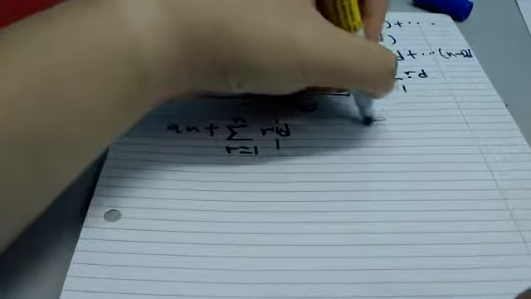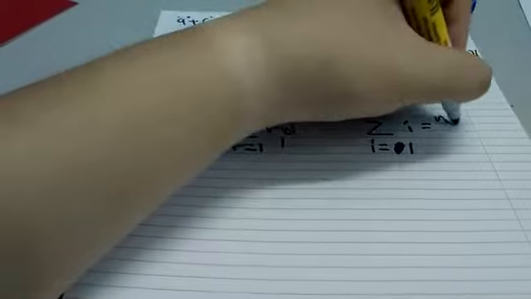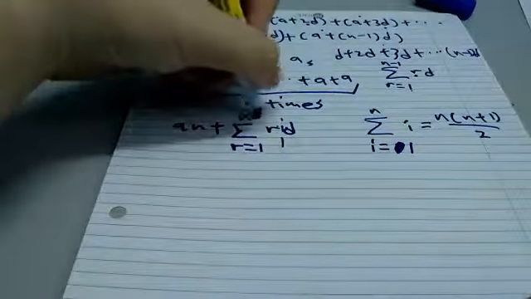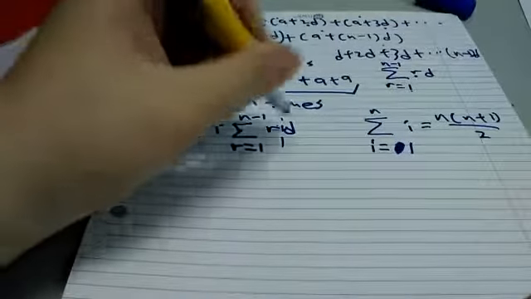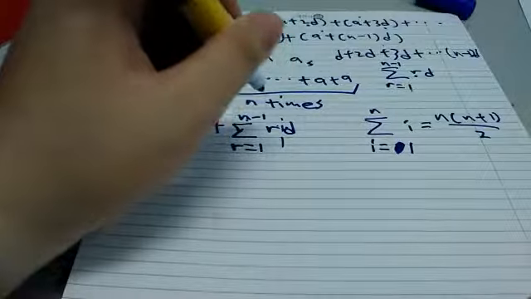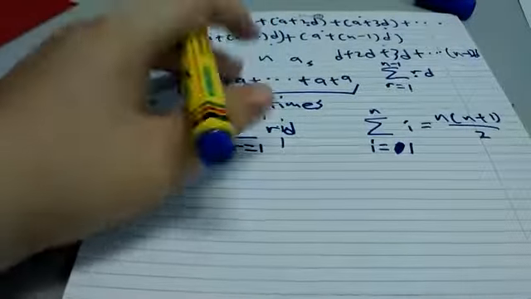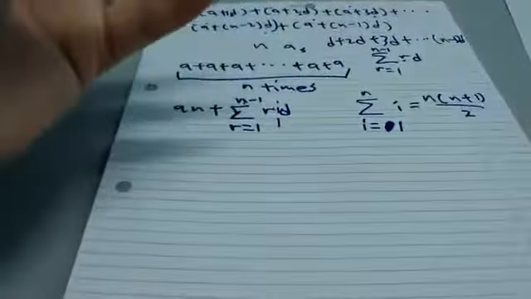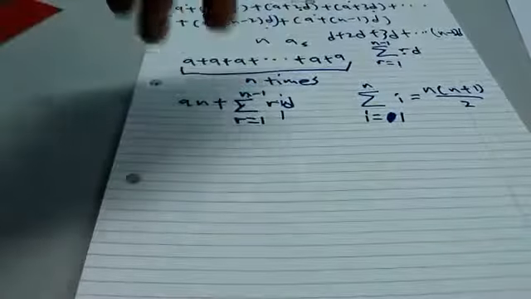Now remember this formula: when we have i going from 1 to n, for i to the power of 1, this is equal to n times n plus 1 over 2. We are going to use that same concept for this term, the sum of r from 1 to n minus 1 of r. So by using the same strategy, we plug in n minus 1 here.